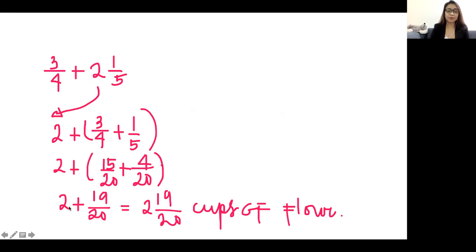Add the whole number, then you will come up with 2 and 19 over 20. Of course, don't forget the label. It should be 2 and 19 over 20 cups of flour is needed in total for the recipe.